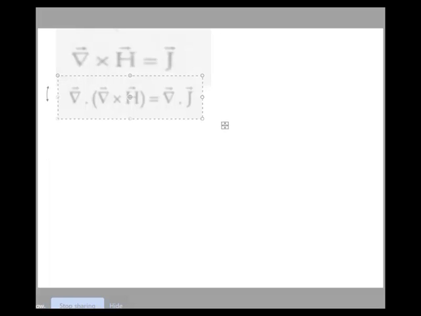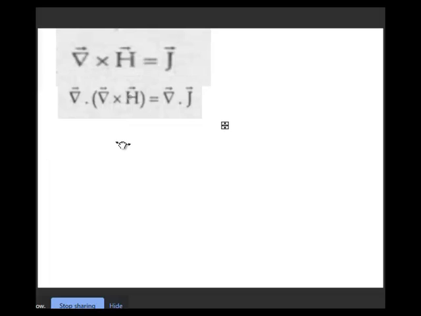So this expression results in del dot J equals 0, because the left hand side is 0. But in fact del dot J is nothing but continuity. The expression for continuity shows that del dot J is not equal to 0.